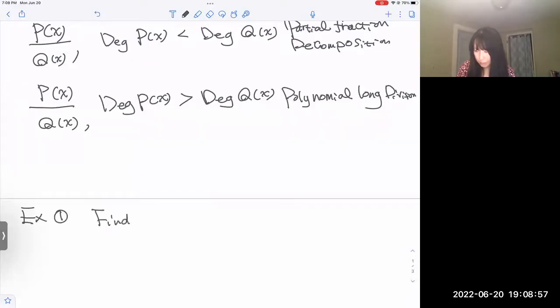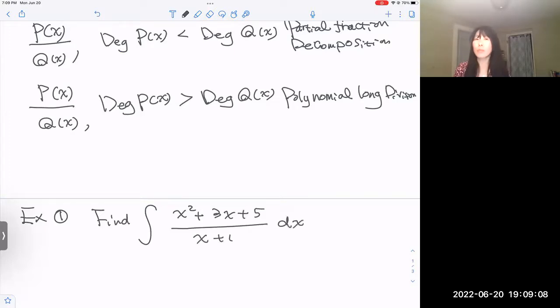Okay, so let us do this. Find the integral of x squared plus 3x plus 5 over x plus 1 dx. All right, so we have P of x as the numerator and Q of x as the denominator. We talk about the degree.